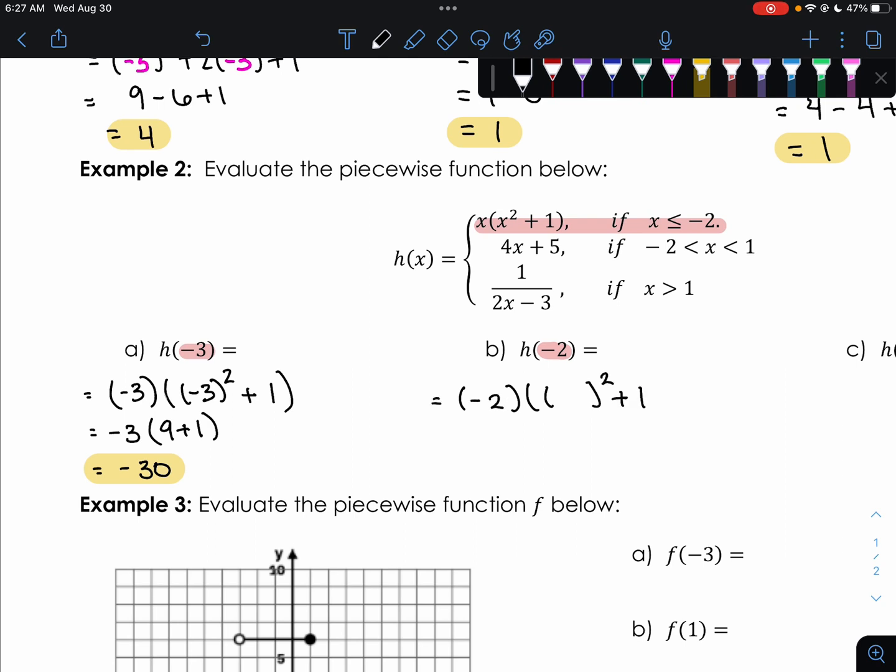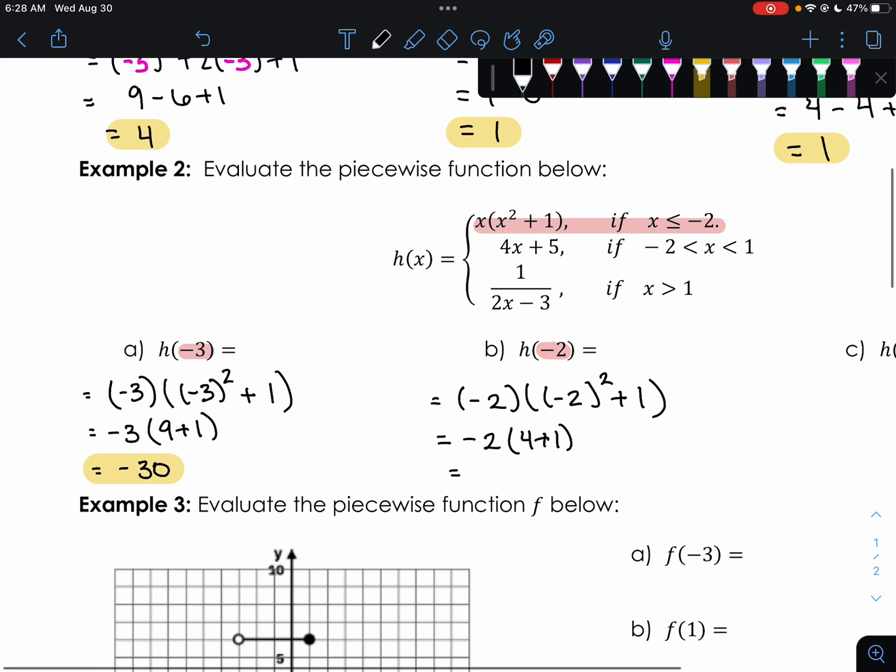So I have negative 2 times negative 2 squared plus 1. That would be negative 2 times 4 plus 1, which is 5. 5 times negative 2 is a negative 10. So again, we're just plugging it in, and hopefully you're getting these answers when you try it on your own.